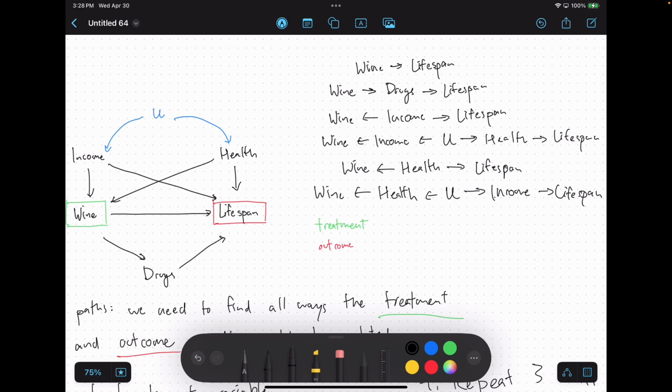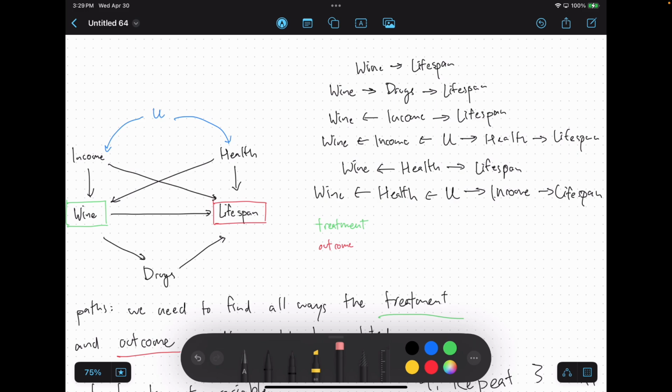Does anyone see any other paths to go from wine to lifespan that is not covered in this list? I'll let you guys look at it for a second and tell me if you are satisfied with what we have so far. We good? Okay.